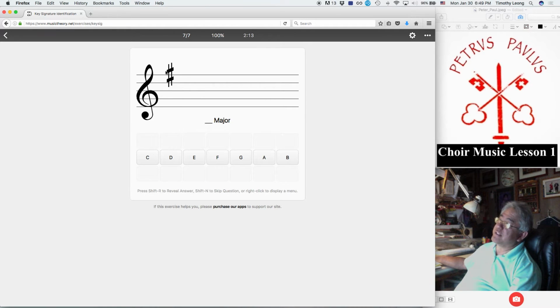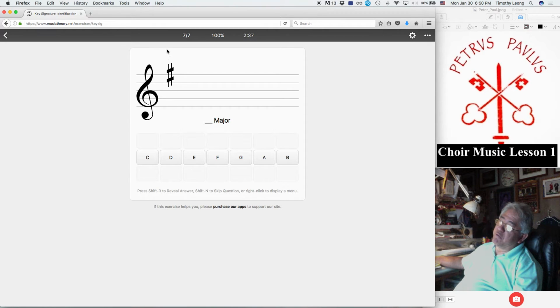Okay, so they throw this at us now. This is one sharp. And if you had a wheel and you divided it up and you started off with the key of C, you have nothing, you go to the right. You go 5 notes to the right every time you see a sharp.